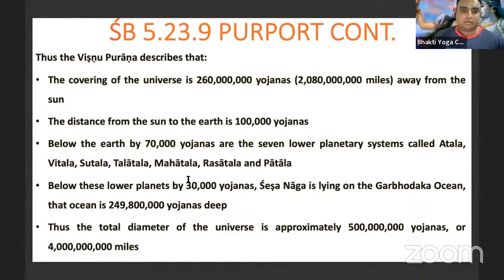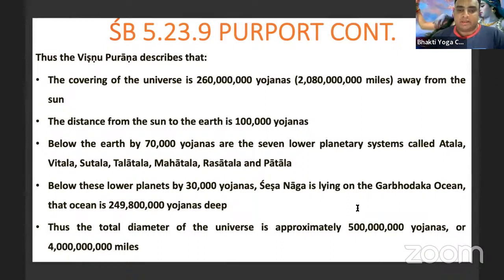Underneath that, we have the lower planetary systems. Underneath the Bhumandal are these 7 lower planetary systems. Then beneath the lower planetary systems, Sheshanag is holding the Bhumandal, and Sheshanag is also lying on the Garbhodaka ocean. The ocean's depth is also mentioned here. When we sum up all these vertical distances, we get the vertical diameter, which is equal to the horizontal diameter.